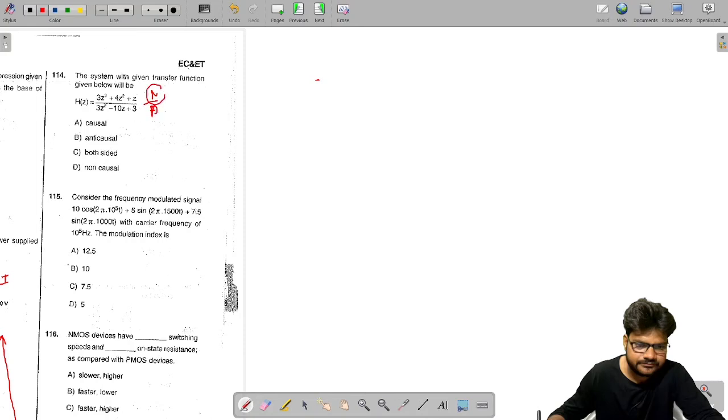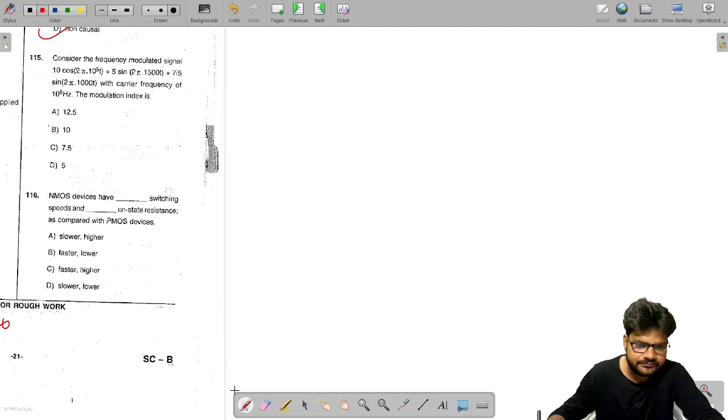If you check, the degree of the numerator is 3 and the degree of the denominator is 2. So this is an improper transfer function. If the numerator degree is greater than the denominator degree, then we say it is non-causal. So directly we can say this is non-causal, option D.